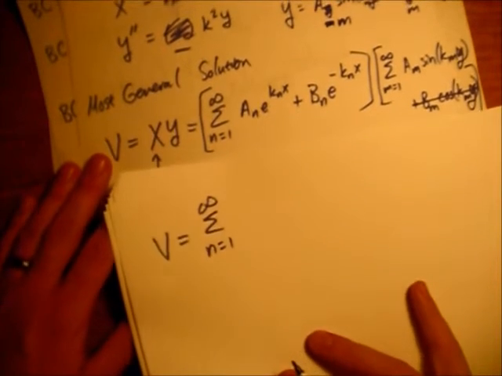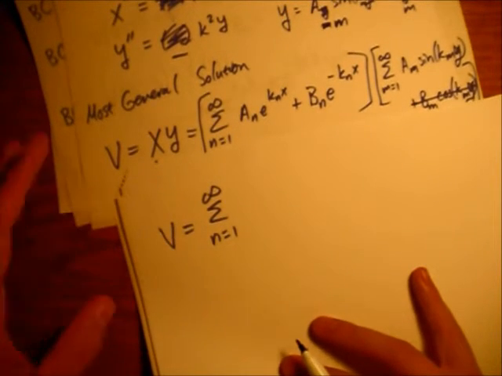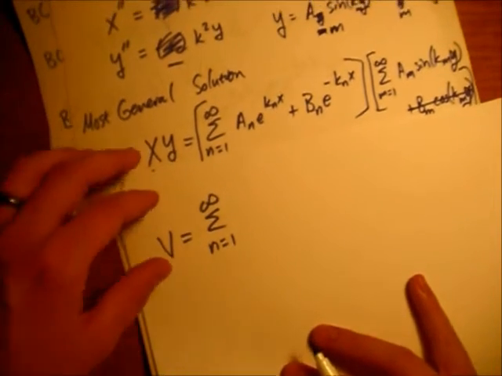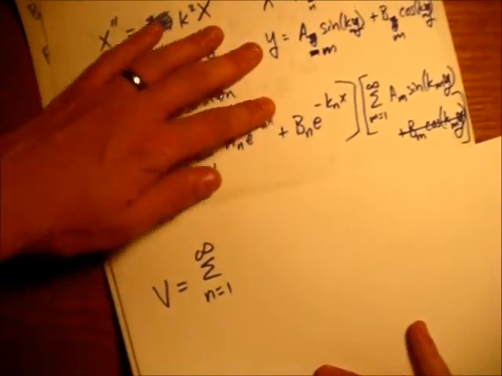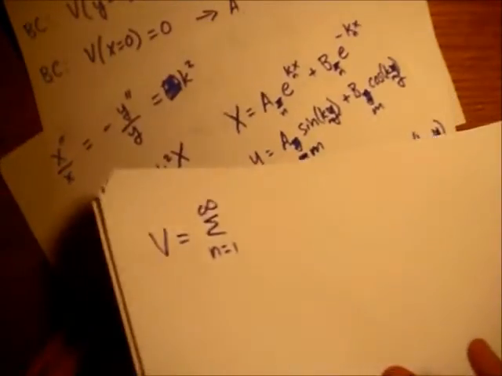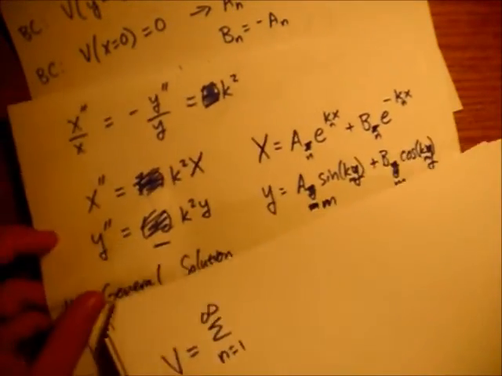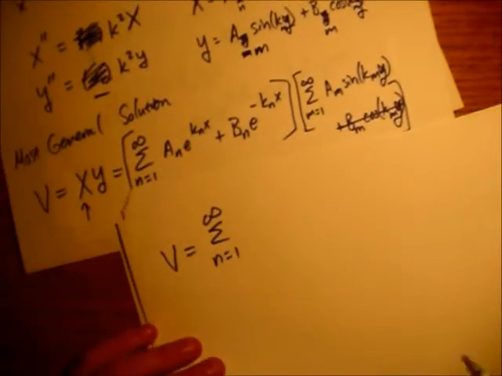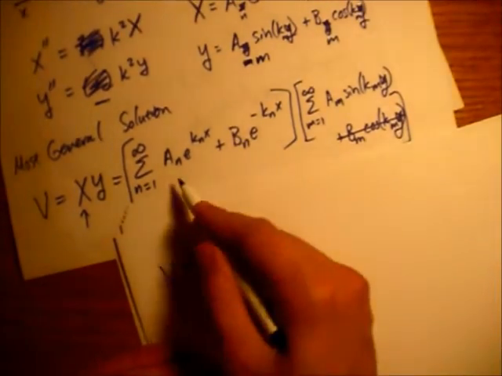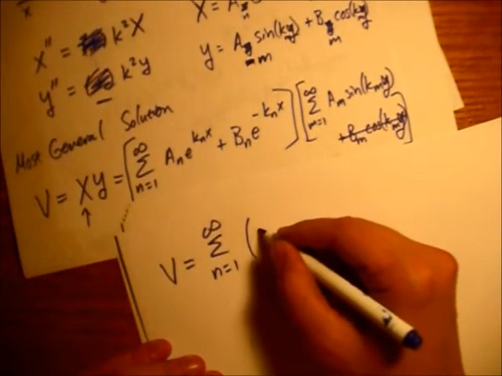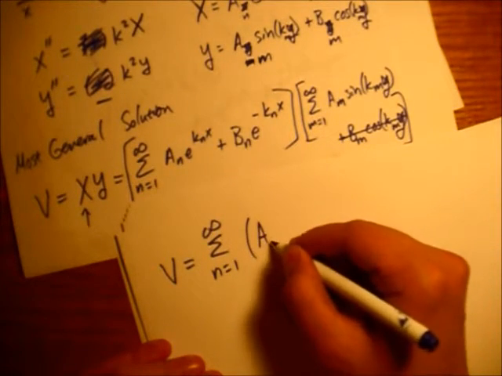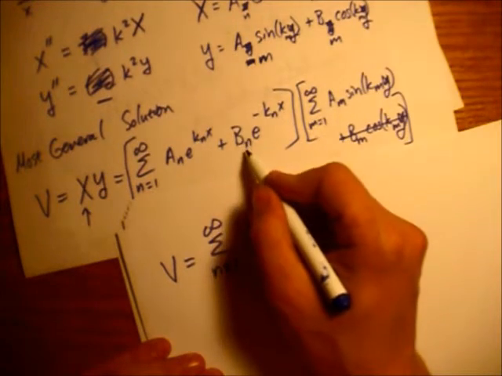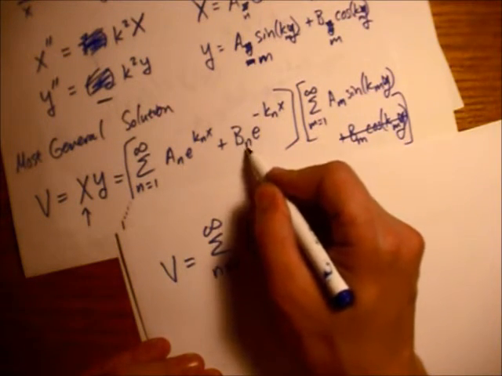Okay, so we're not going to worry about the last boundary condition at this exact point. Let's first write in what we found already using our other boundary conditions. So for the x part, we did find that a sub n is equal to the opposite of b sub n.